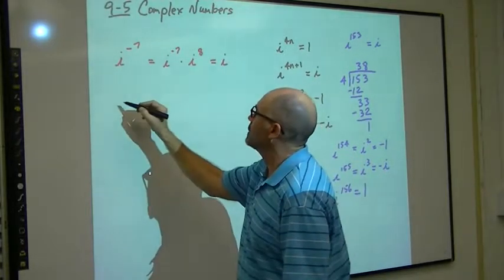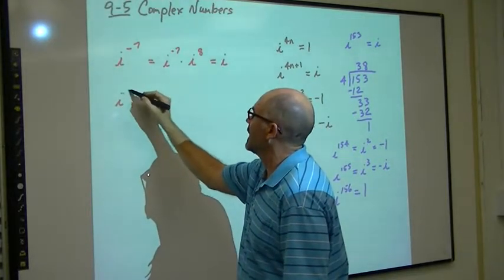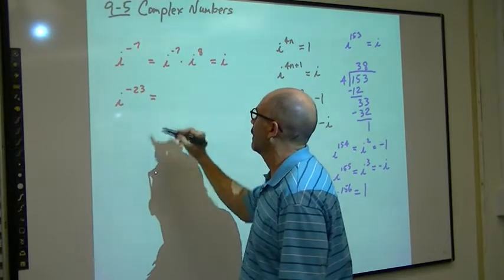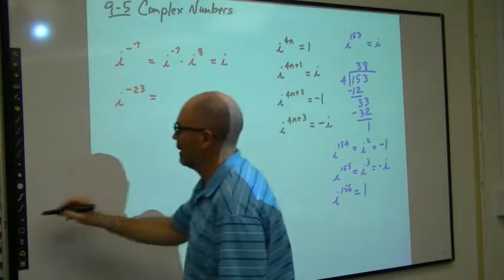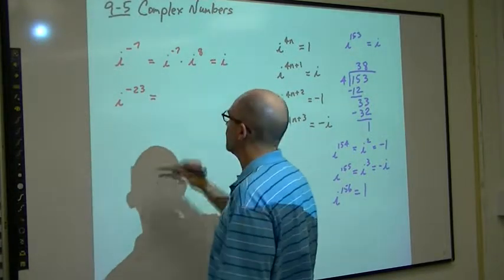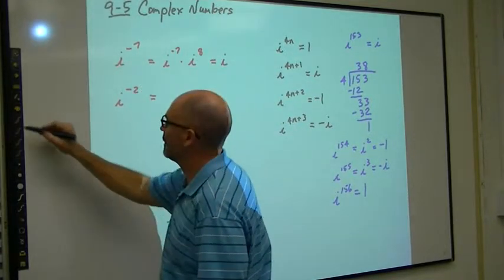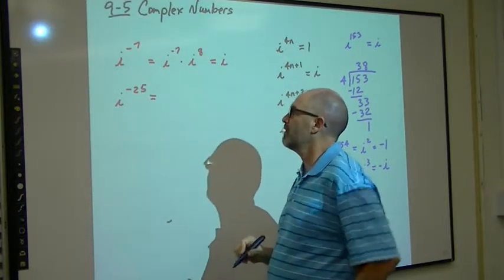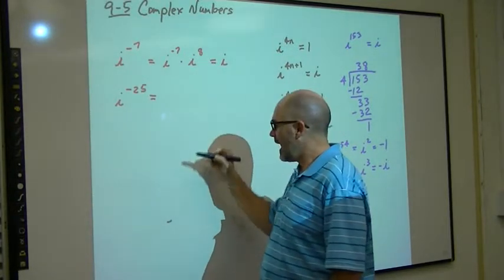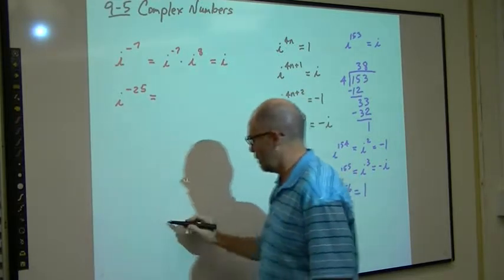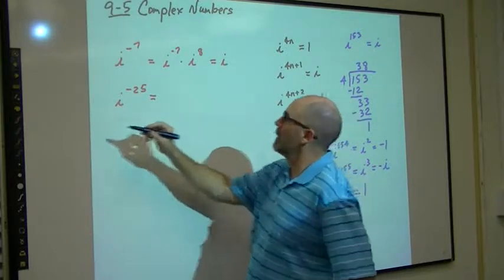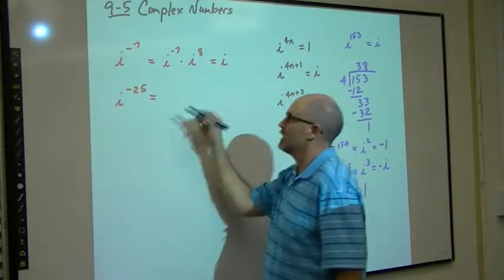Okay, now what about i to the negative 23rd? Let's make it i to the negative 25th. Okay, i to the negative 25th. Now, I need to add some i to a power.